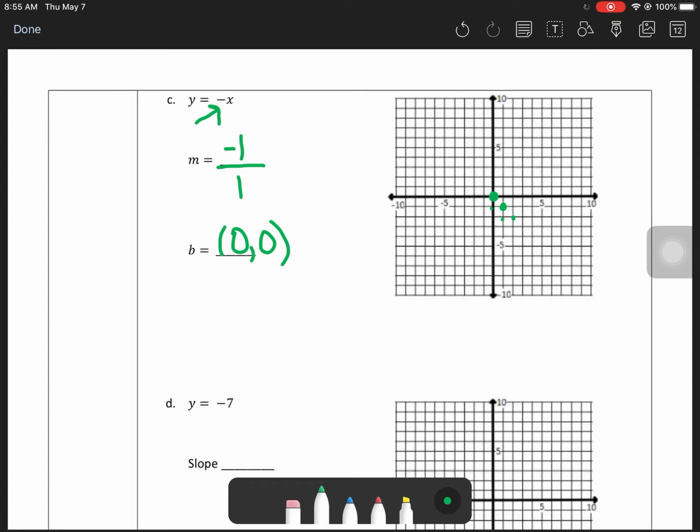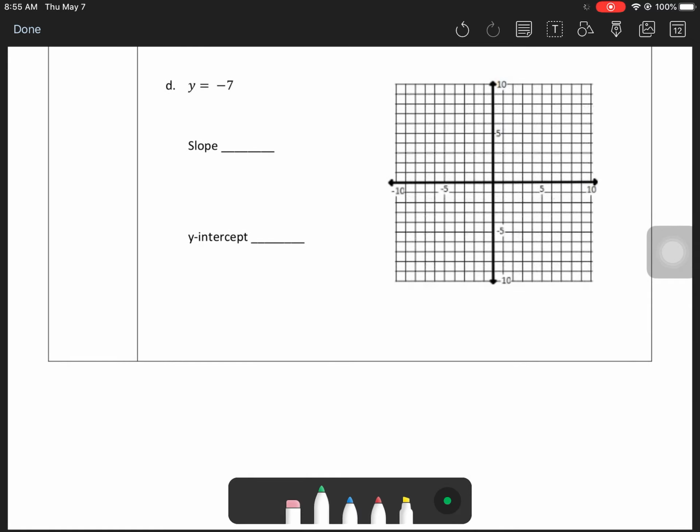Down one box and over one box. And then we're going to connect them together. Arrows on both ends. Remember, we're going to go down one box and over one box. Down and over. Down because it's negative.